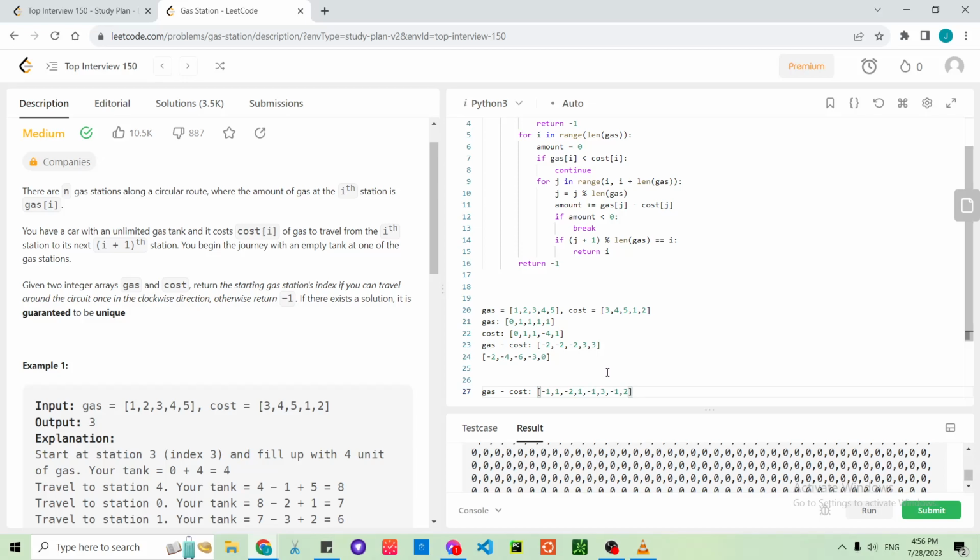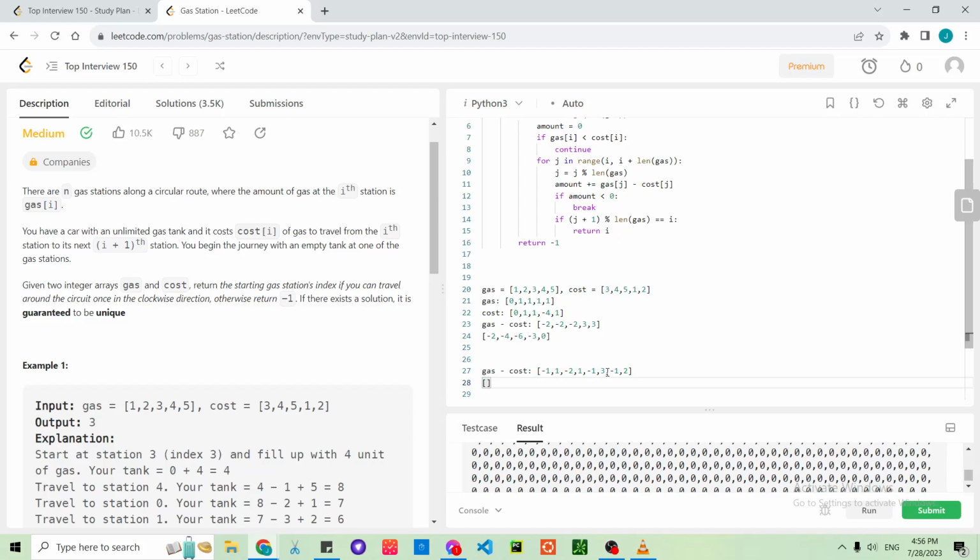Is there really a solution without using 2 for loops? I mean, the increments here would be, so does that tell us anything?